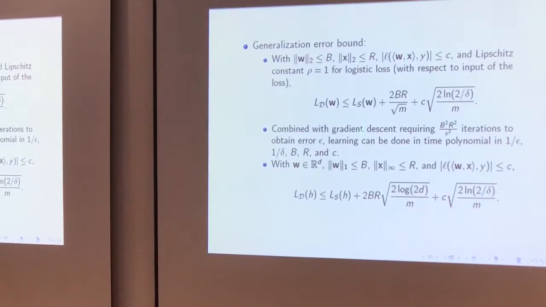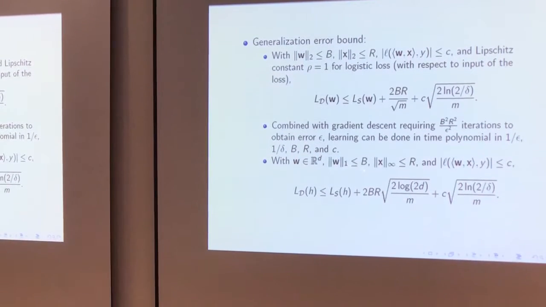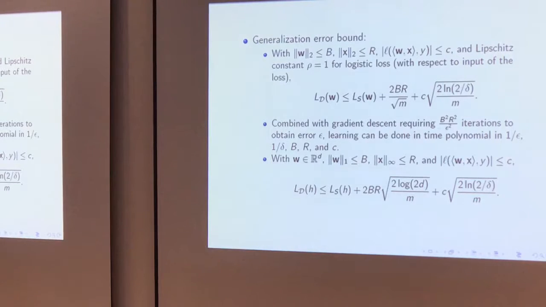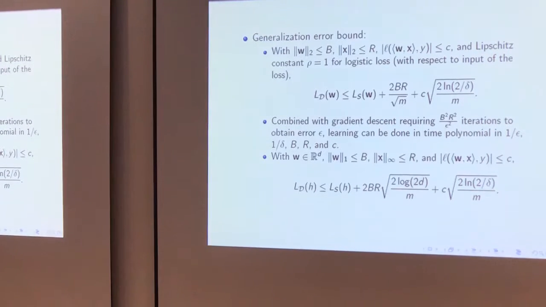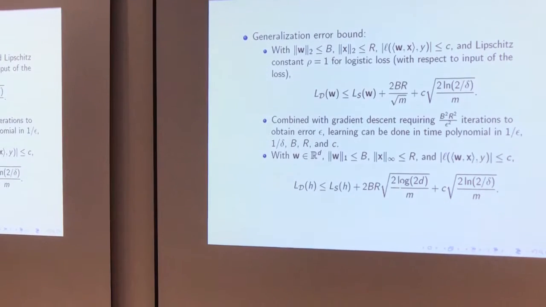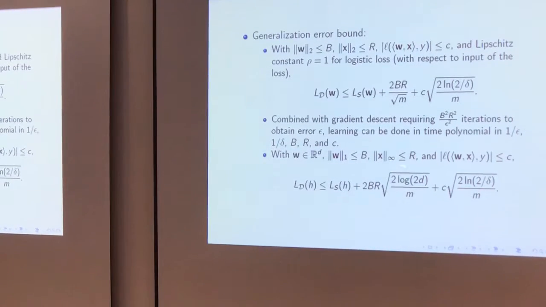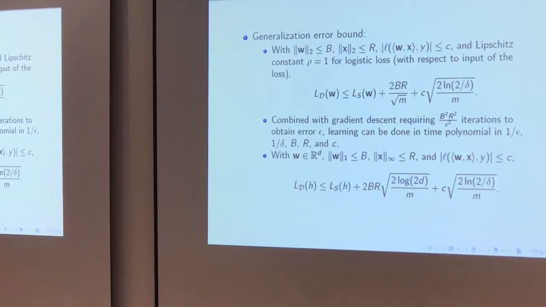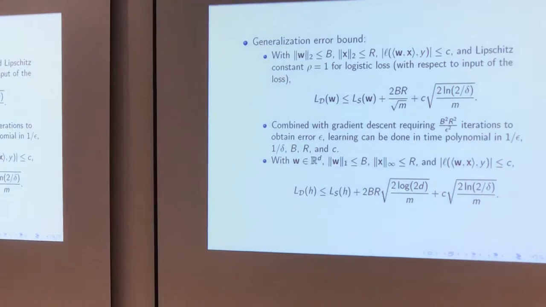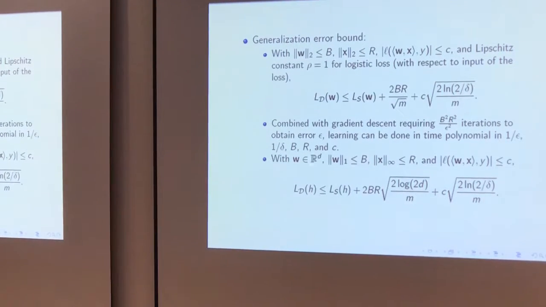So if you want to do the L1 norm, you get a slightly different bound. Interesting things to look at: this one depends on the input dimension, and is log of the input dimension.